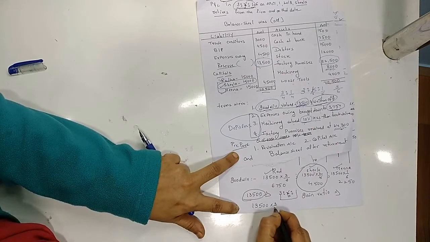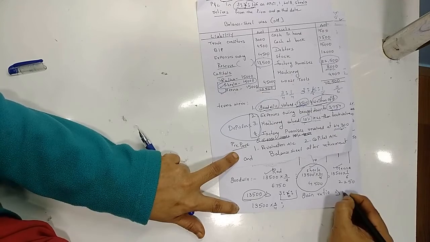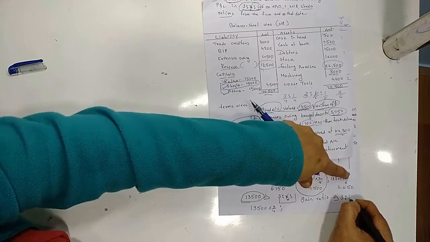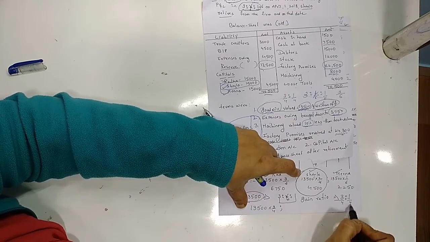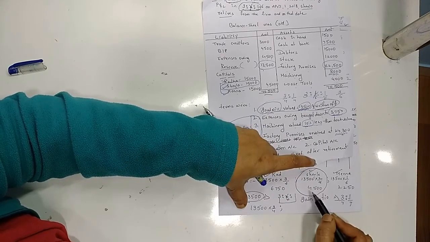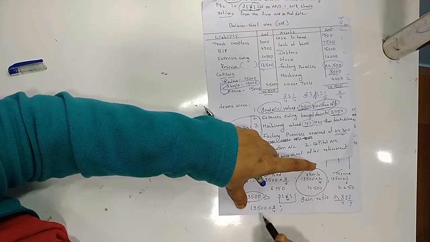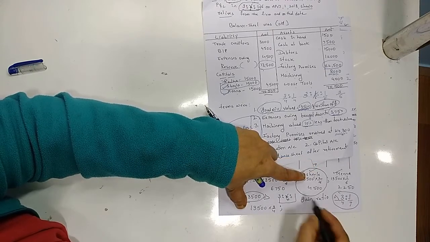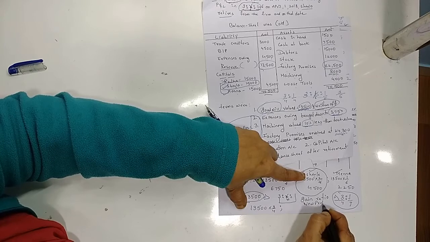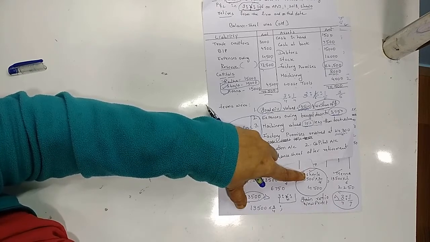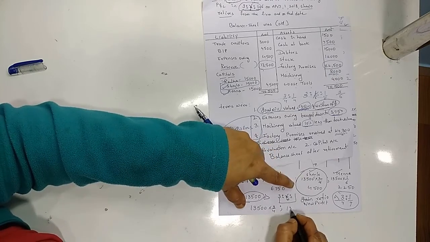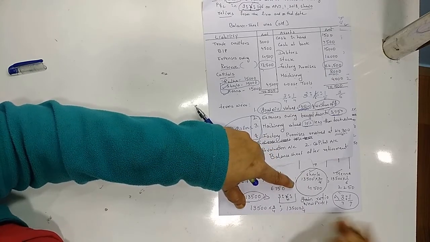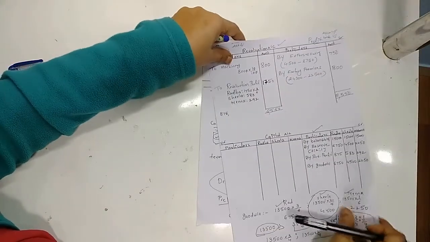So 13,500 into 3/4 and 13,500 into 1/4. This is actually the new profit sharing ratio, and according to it they will compensate Sheila. We deduct from their capital accounts and pay it to Sheila.